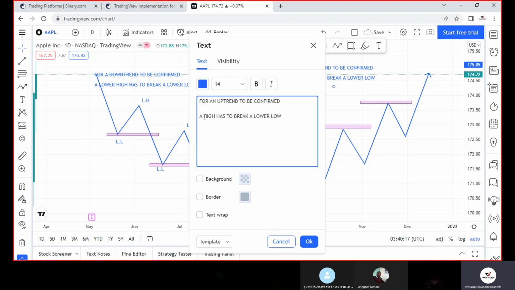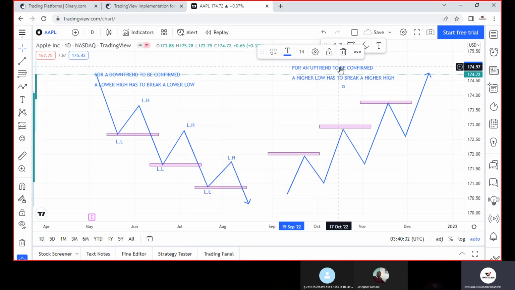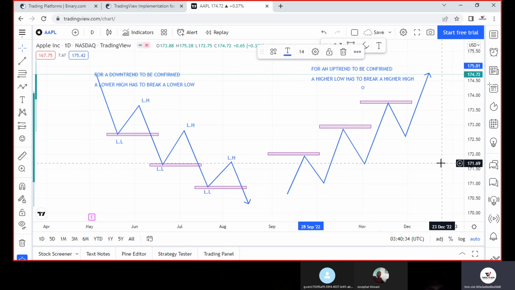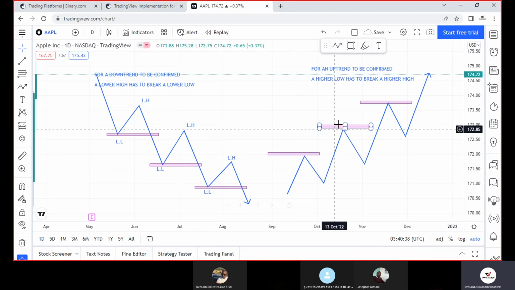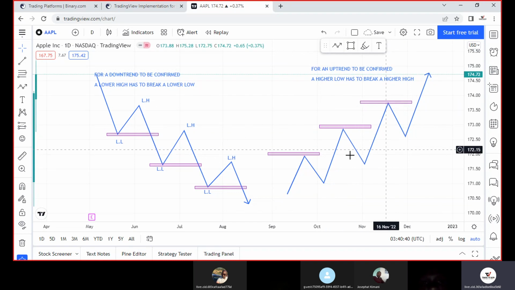A higher low has to break a higher high. Sometimes these things can be confusing, but just get the point. So this is a higher high, a higher low, a higher high, a higher low, a higher high.